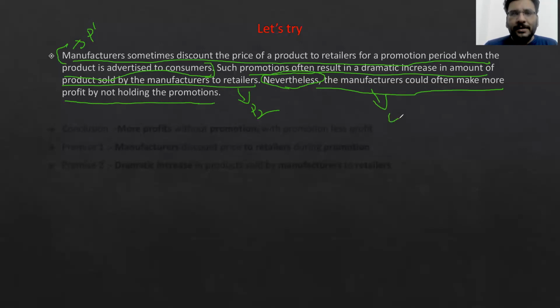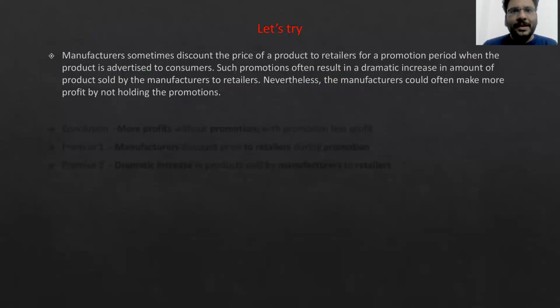Now, this is very important for you to do whenever you're given an argument. Try to identify the conclusion and the premise of the argument. Let's see the conclusion here.